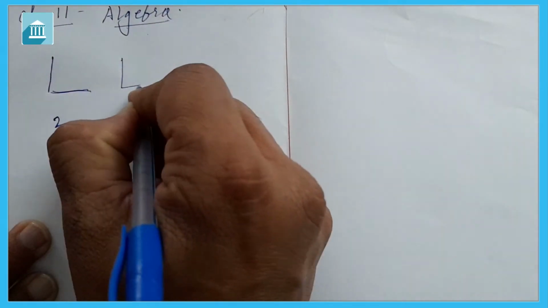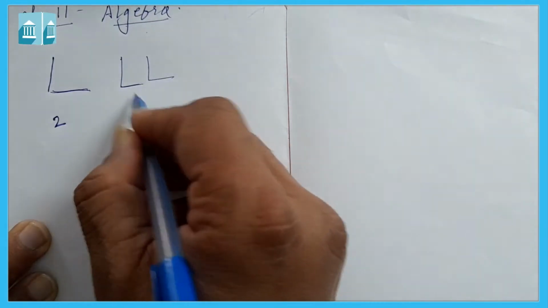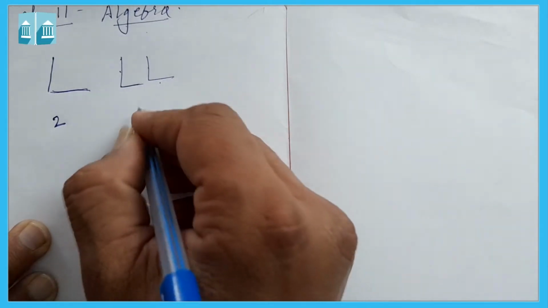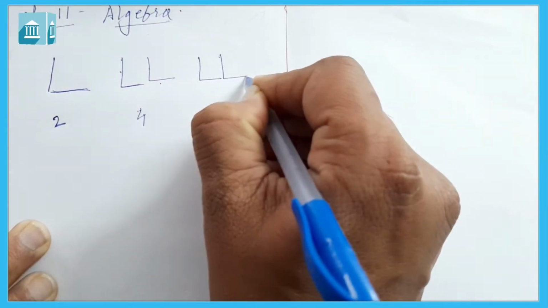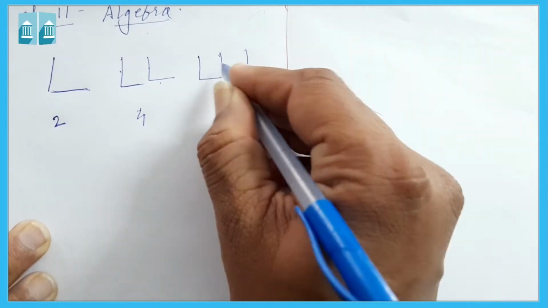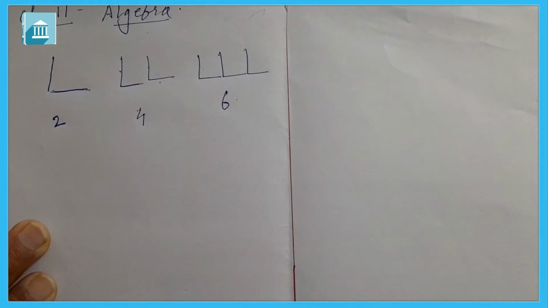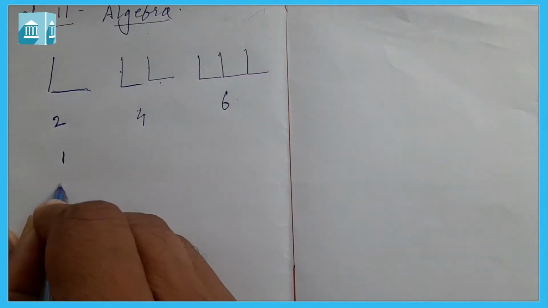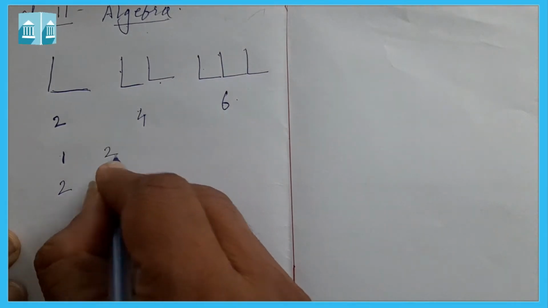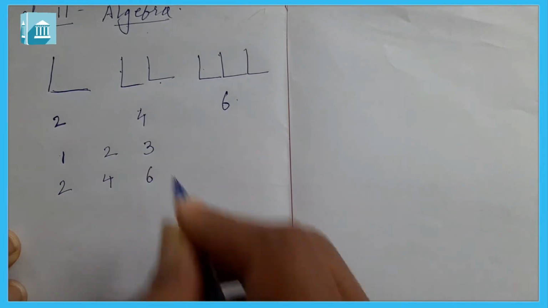In the same way, if I want to make 2L, then I need 1, 2, 3, 4, so I can say 4 matchsticks. If 3L is there, I will need 6 matchsticks. So we can say that for 1L we need 2, for 2L we need 4, for 3L we need 6.